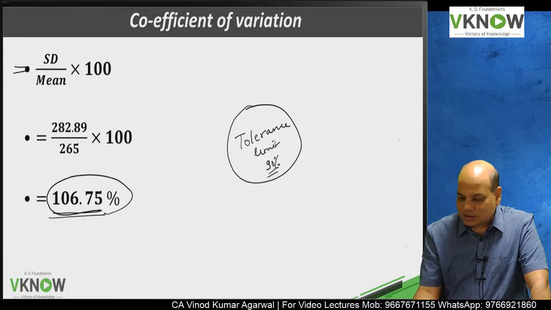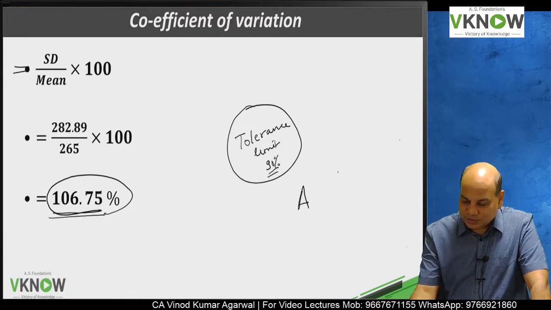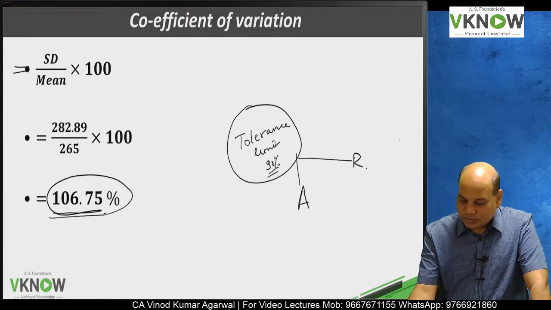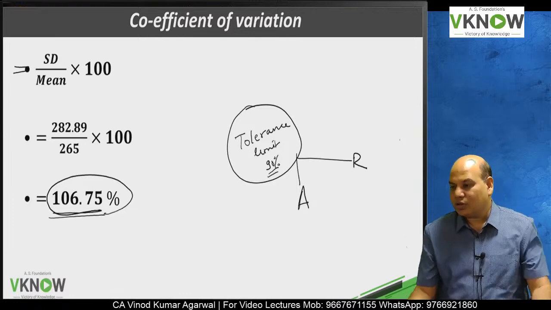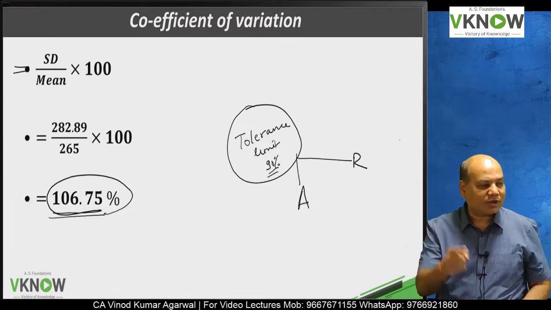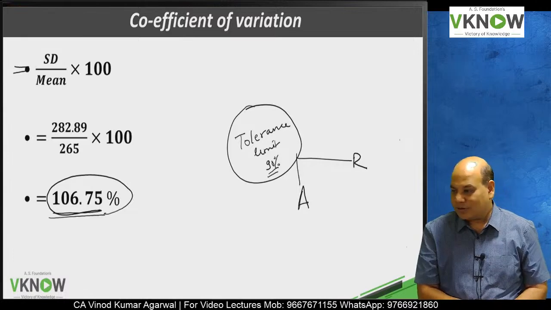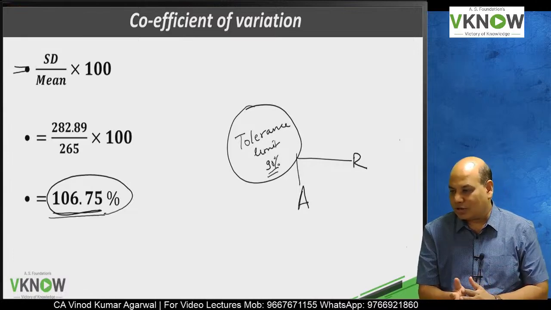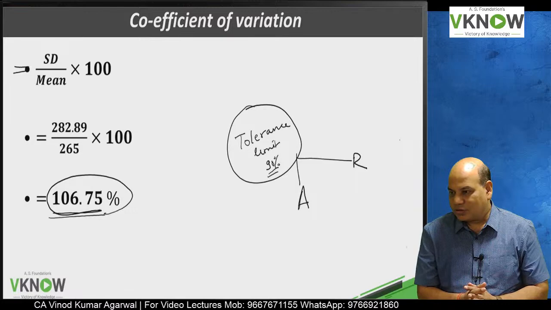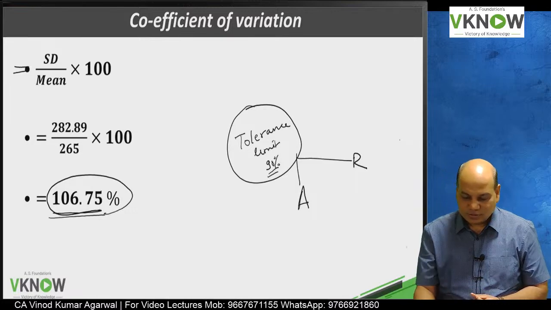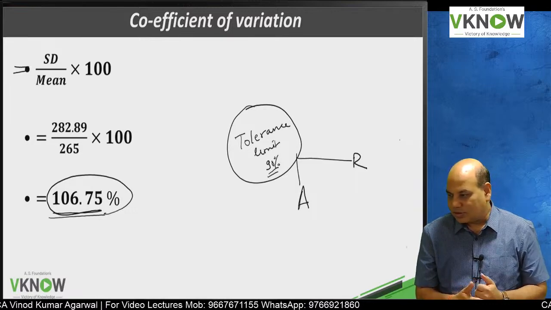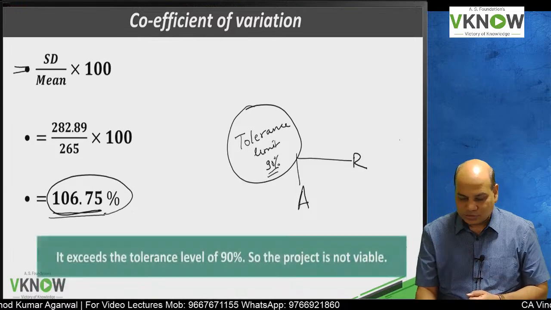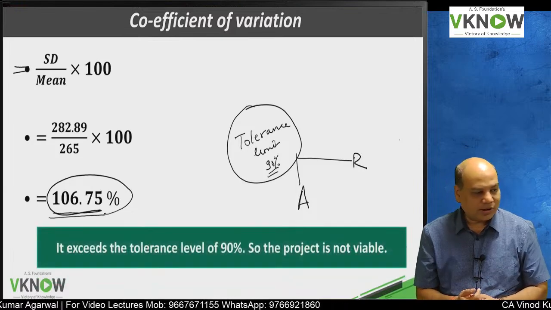Therefore, please suggest to me accept or reject. Using coefficient of variation, what is the answer? Everybody, accept or reject, A or R? One student is saying accept, one student is saying reject. What do I do? So the answer is reject.